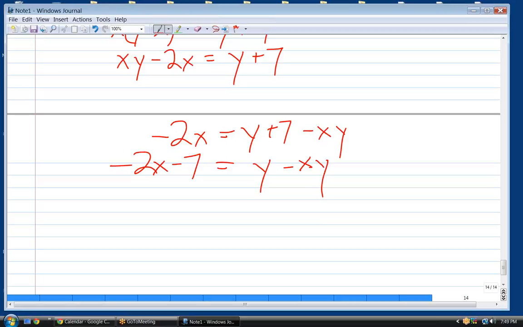And then y is a common variable, so it'll be y minus x. Not quite. You've got to factor a y out from the right side. What do you get when you factor y out? You get 1 minus x. 1 minus x.